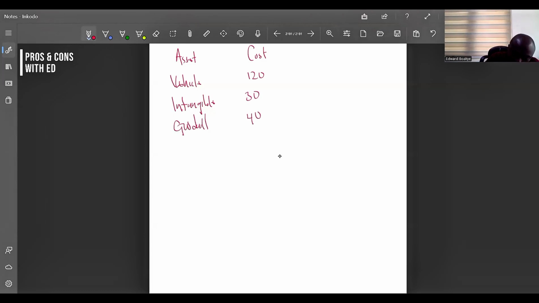Then we have trade receivable of 10. Then cash of 50. And then trade payable of 20.